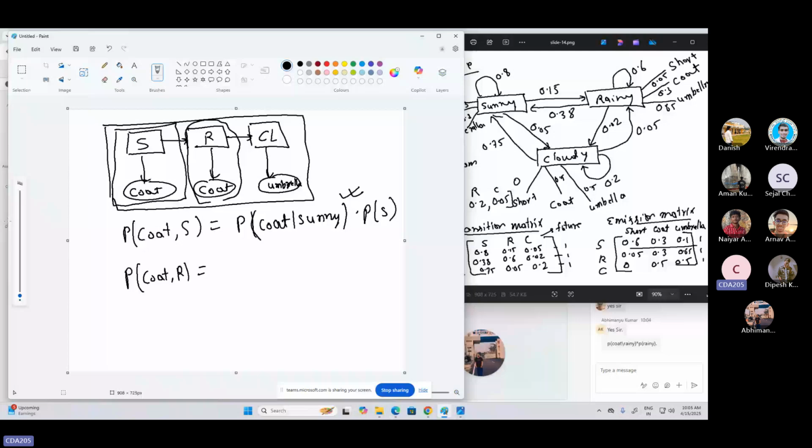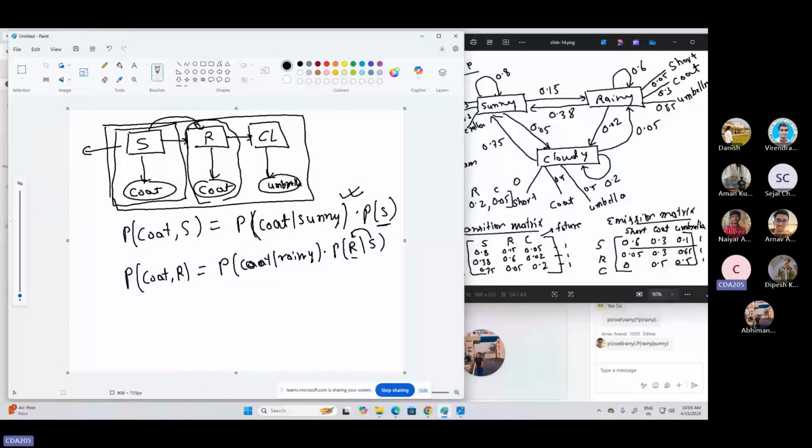It is coat given rainy into probability of rainy given sunny. See, rainy has come from sunny. Why did I write PS here? Because there was no initial state before it. But before rainy there is sunny. Are you getting my point? So that's why rainy is due to sunny. Understood?